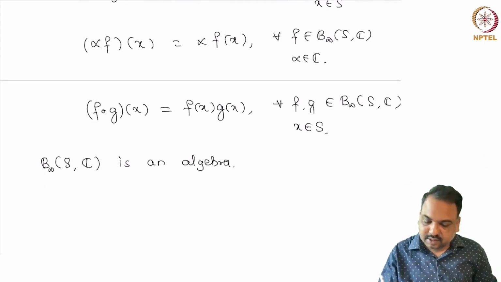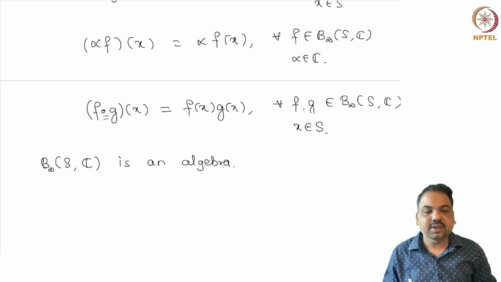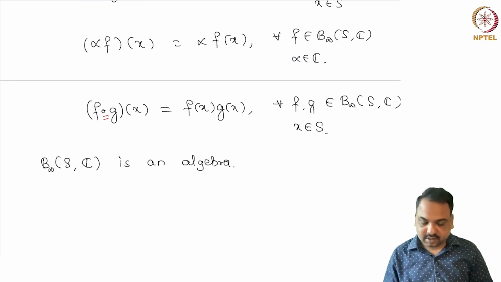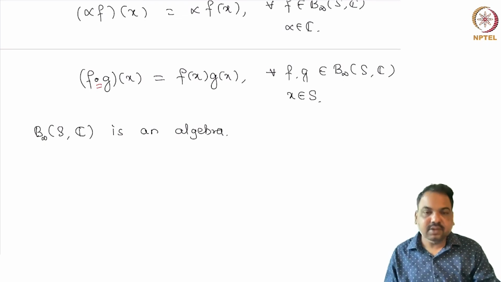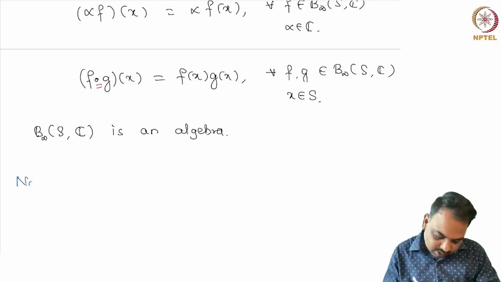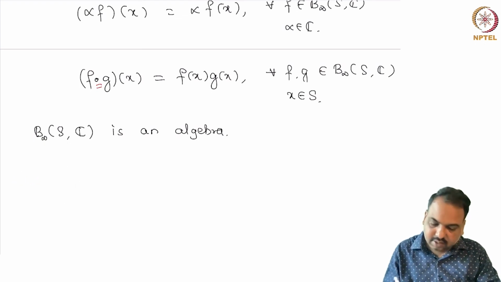Here don't confuse this with composition. This is not a composition symbol. This is the product of two elements in B infinity. So from now onwards we use this notational convenience, or we can say it is a convention.